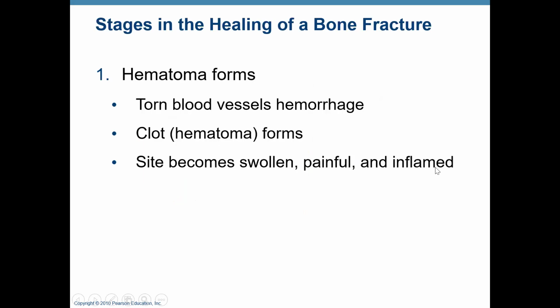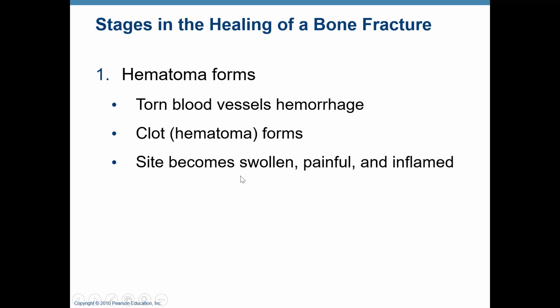When you fracture a bone, you probably tear vessels within the bone, causing bleeding. So here, a hematoma forms, basically blood clotting. You have the vessel bleeding, so hemorrhaging is referring to the bleeding. You want to form a clot, so you want to form what's called a hematoma.